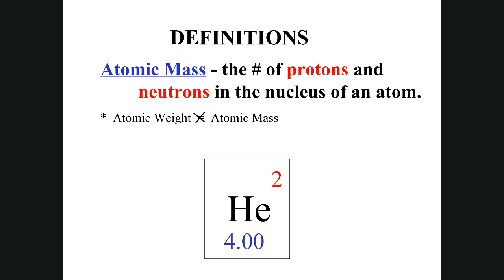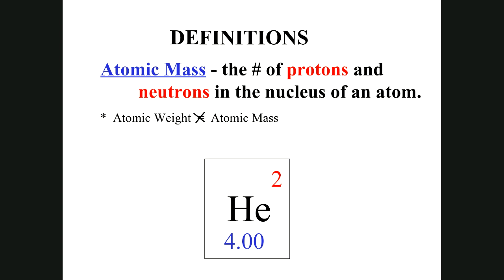That's its mass. Now I put in here atomic weight is not equal to atomic mass. And this is something that everybody uses like they're the same thing. I'm just going to let you know that they're really not. An example of that is I have a weight here on Earth. I'm roughly 160 pounds. Now if you transported me to the moon, my weight is going to be different because there's less gravity on the moon.